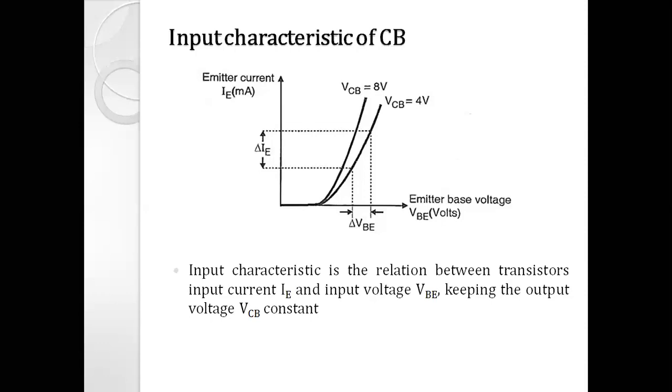So the input characteristic of the BJT in the common base configuration is similar to the diode characteristic, that is, voltage applied between anode and cathode versus current passing through the diode, right? So the input characteristic of CB is similar to the diode characteristic. The reason is that the first junction, the base emitter junction, is in the forward bias condition, right?